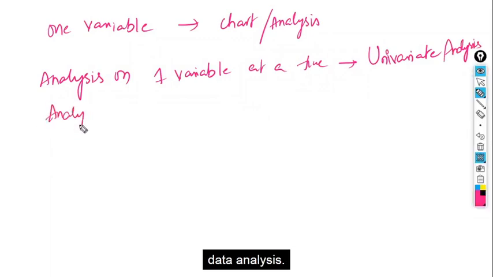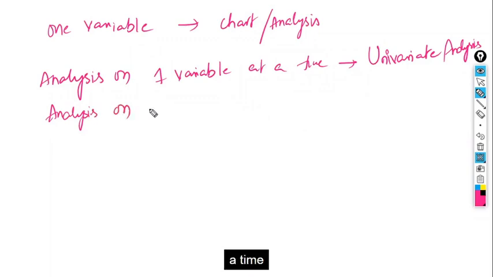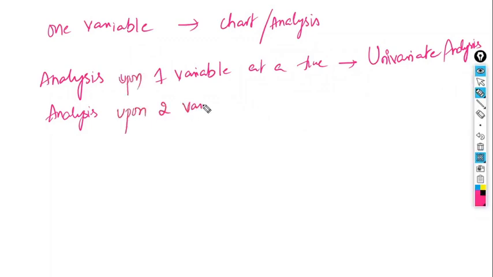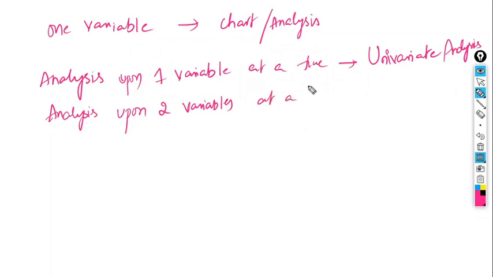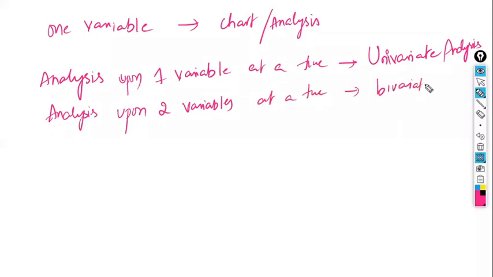Analyzing the data by selecting two variables at a time, upon two variables, then it is called bivariate analysis.